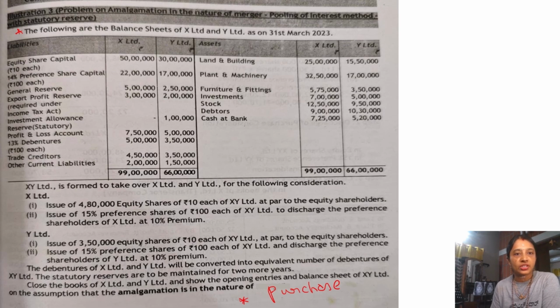You have equity share capital, which is an insider's liability. You have preference share capital, an insider's liability, export profit reserve and investment allowance reserve. Now these two reserves, they have only given it as statutory. So we will transfer it to the new company. If we transfer it to the new company, we will not treat it as an insider's liability as of now.